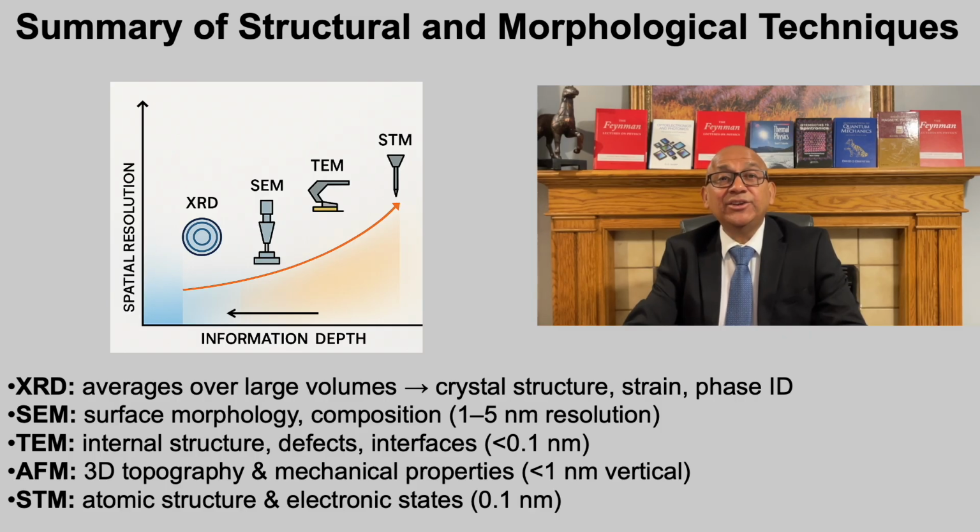STM extends into the quantum regime, resolving atomic lattices and electronic states on ultra-clean conductive surfaces. Together, these methods span bulk to atomic scales, forming a complete hierarchy that connects structure, chemistry, and function in nanomaterials.